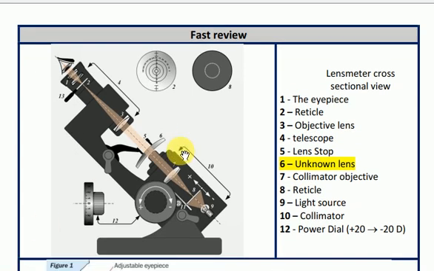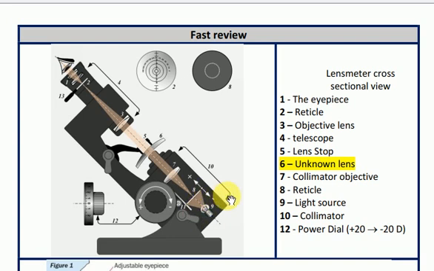So this is the lensometer cross-sectional view. This is the eyepiece, this is the reticle, and so we have then the objective lens, then we have the telescope, then we have the lens stop, this is the unknown lens which we are going to measure, this is the collimator objective, this is the reticle, and this is the light source.